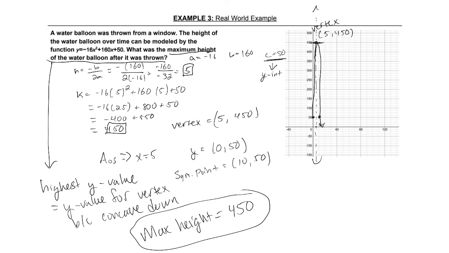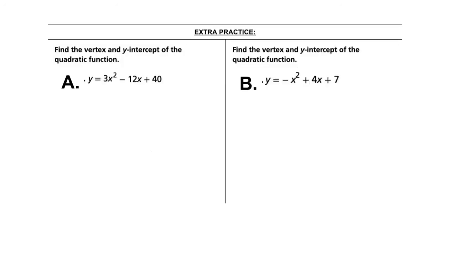If you want to pay attention to this, like I said, this was 0 seconds. So these are the number of seconds, and this is our height. So our max height was 450 because we had a concave down parabola, and our vertex would be our highest y value, and our y value of the vertex is 450.